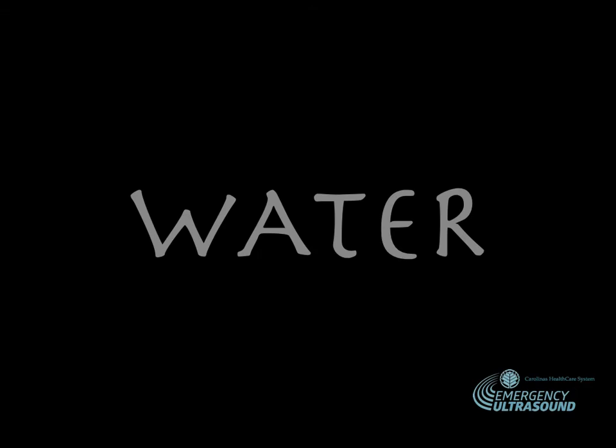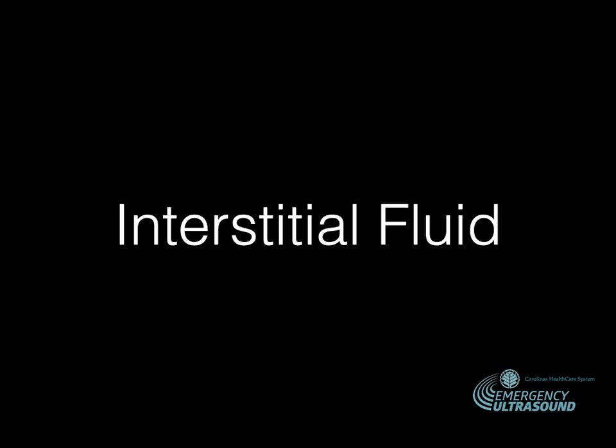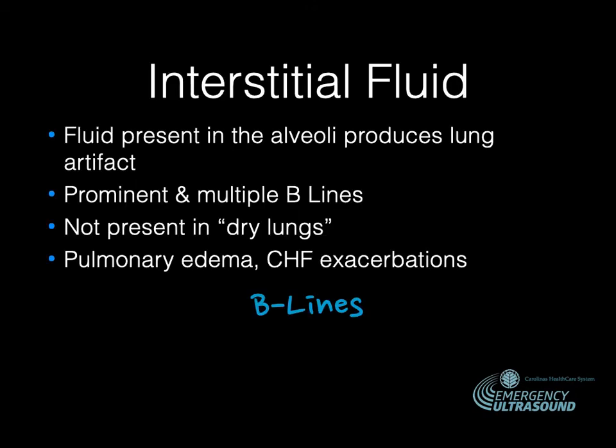The next lung pathologies we really want to focus on are the more water-based ones, so we want to look at interstitial fluid in the lungs. Interstitial fluid in alveoli produces a lung artifact known as B lines. B lines are not present in dry lungs, but as interstitial fluid increases, you'll see more and more B lines.